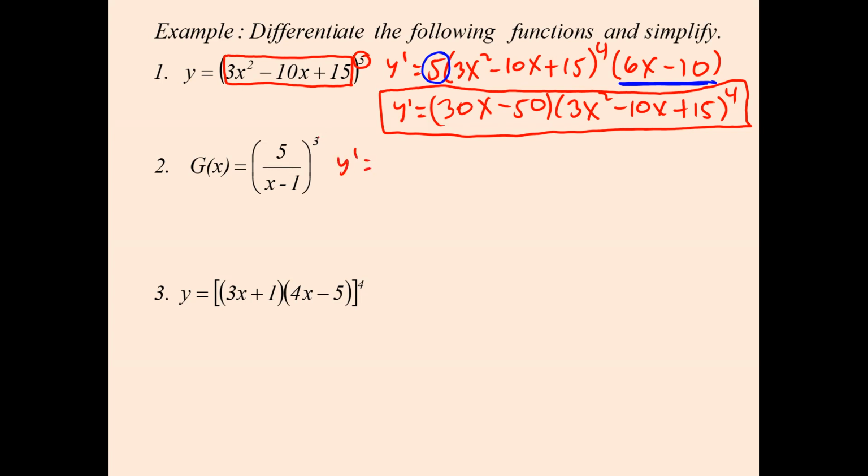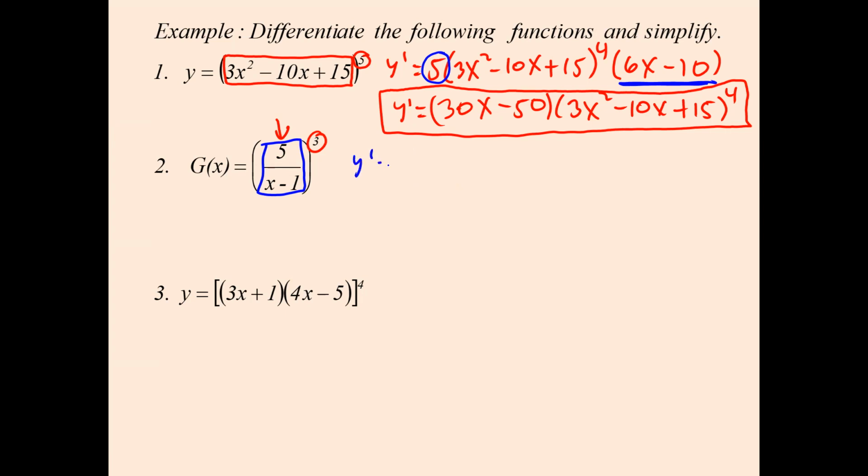Okay. Next, we have this. Y prime is equal to, okay, may exponent siya, 3 times (5 over x minus 1) raised to 2 na lang siya. Okay, may napapansin kayo dito? Ano gagamitin natin dyan sa buong to?